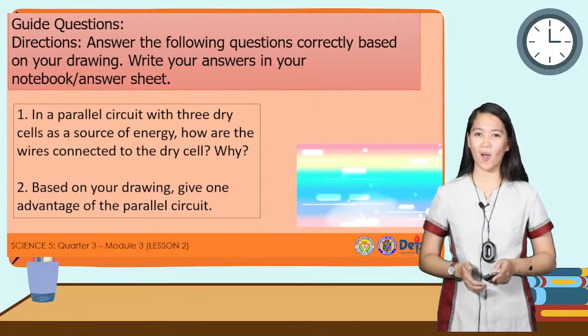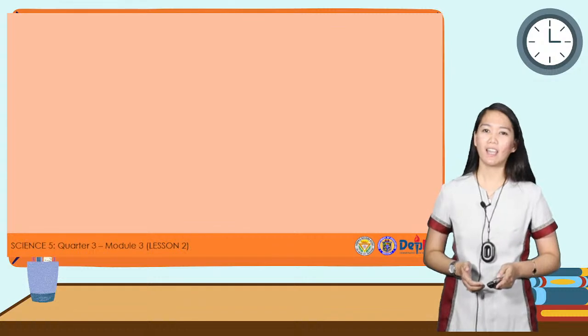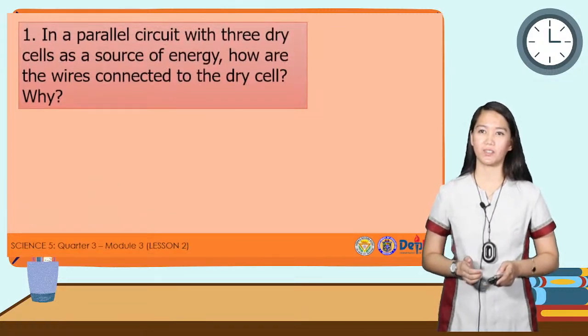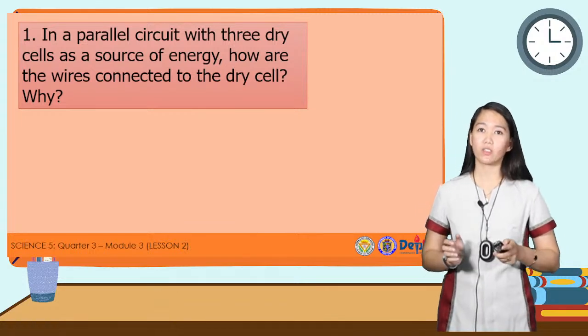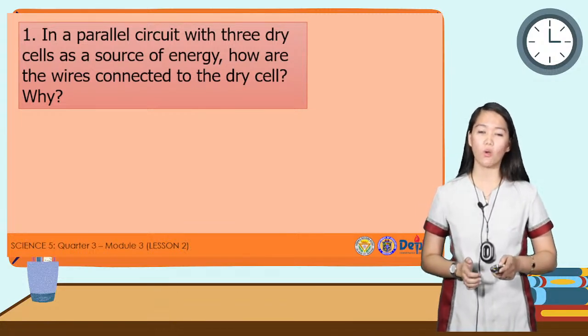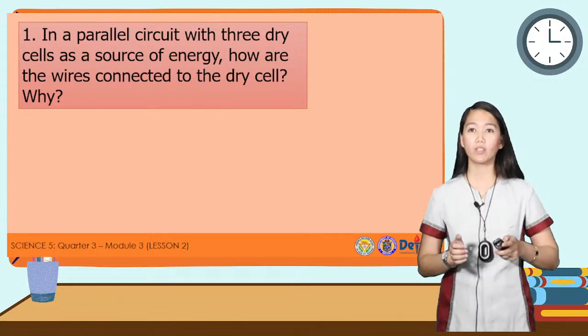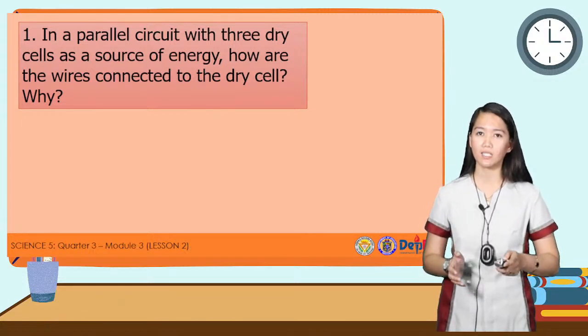Your time is up. Now, let us check your answer. Number 1. In a parallel circuit with 3 dry cells as a source of energy, how are the wires connected to the dry cell?